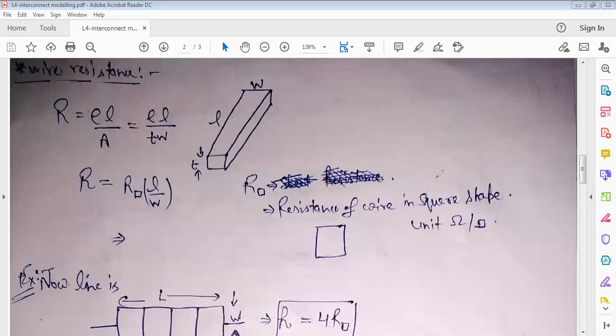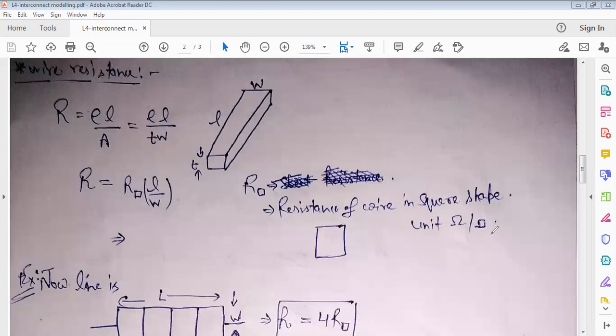This is the resistance that is defined and is equal to rho upon T, where rho is the resistivity of the material of wire and T is the thickness of wire. The unit of this resistance is ohm per square or ohm per bracket.